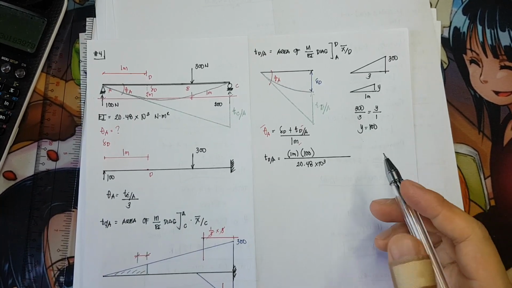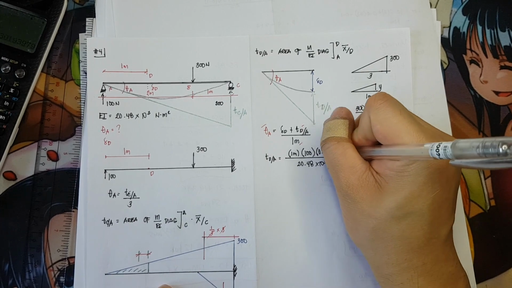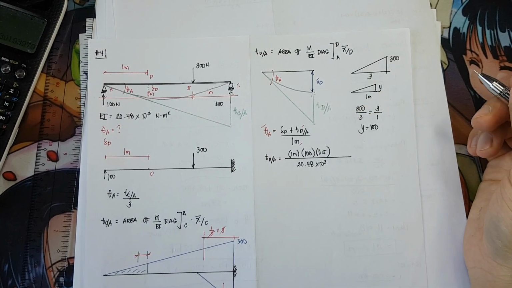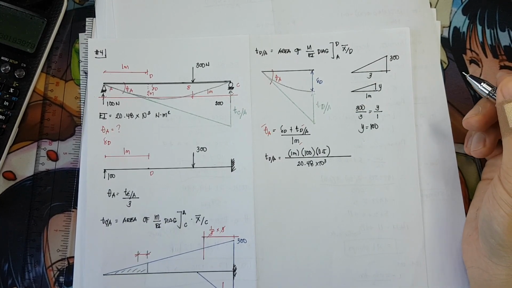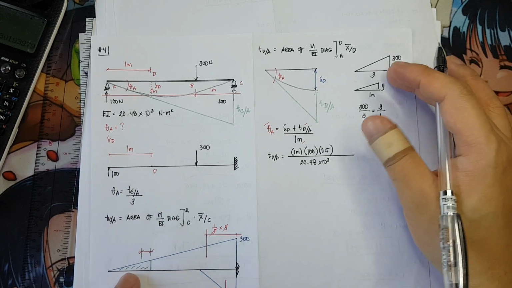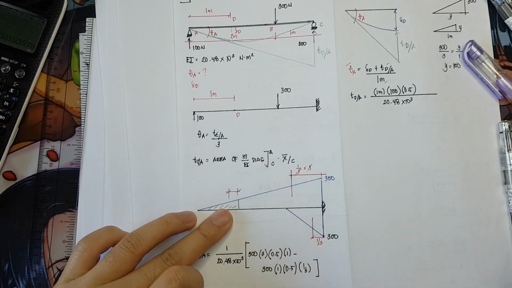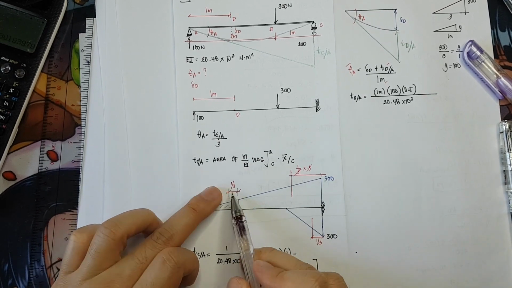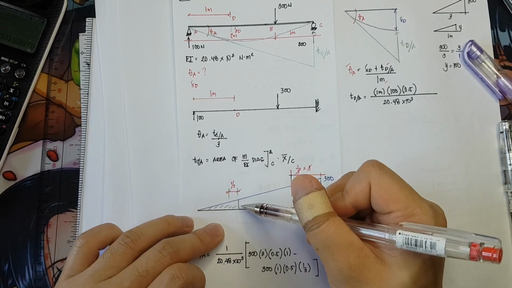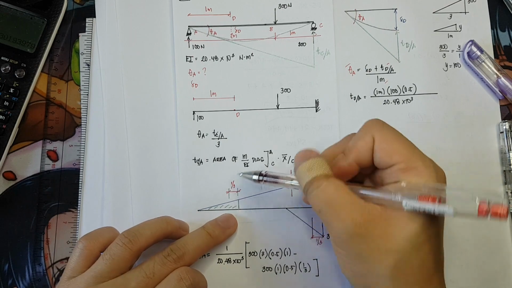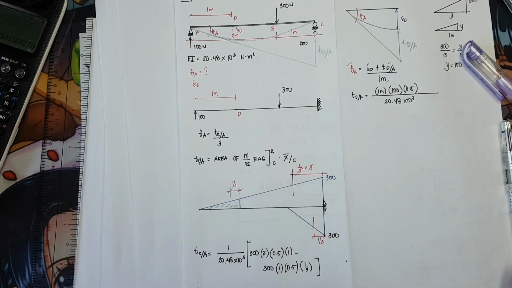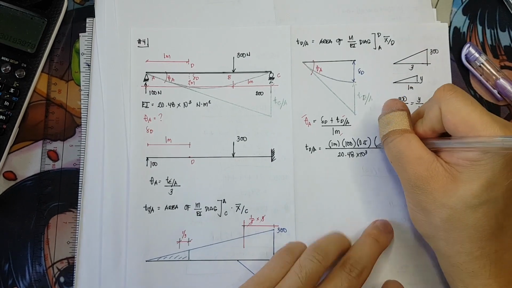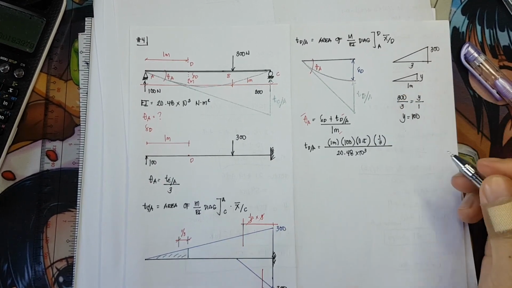So times 0.5, because it is a triangular load, times the lever arm. What is the lever arm? The lever arm here would be 1/3 from the base, and that is 1/3 of 1. So yan yung lever arm natin. Ang base natin is yung D. Okay, kung saan tayo nag-evaluate. So we have 1/3.